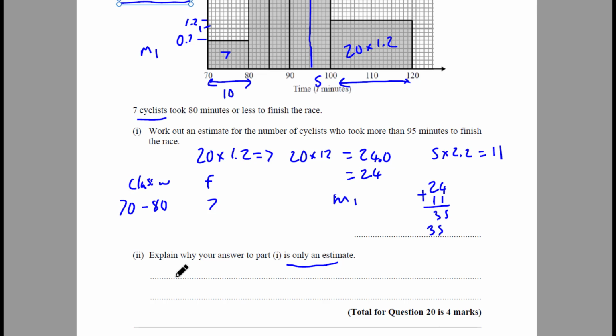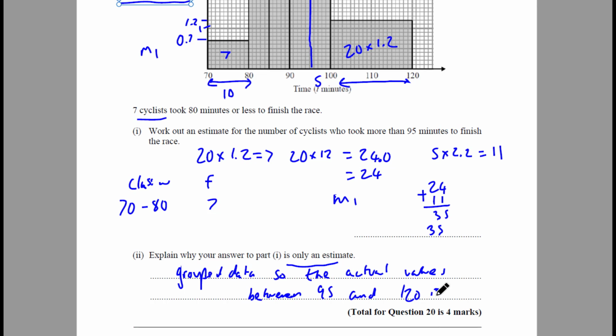And because essentially what I mean is this is group data, so the actual values between 95 and 120 are unknown. But it is a pretty reliable estimate.